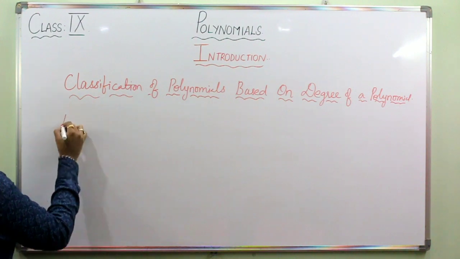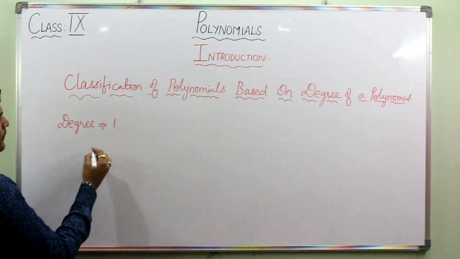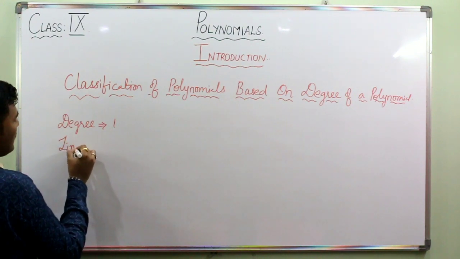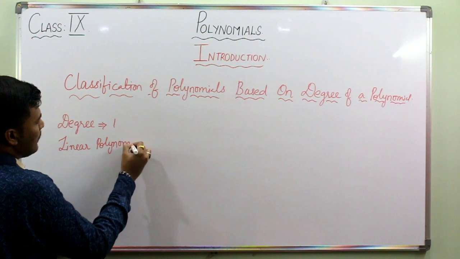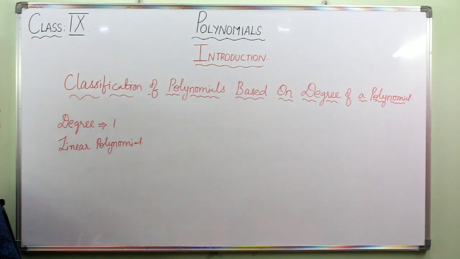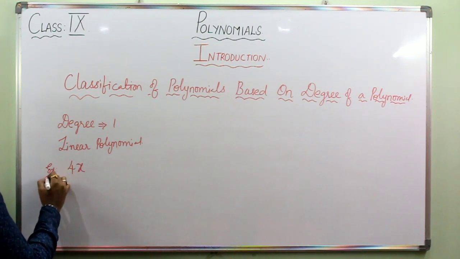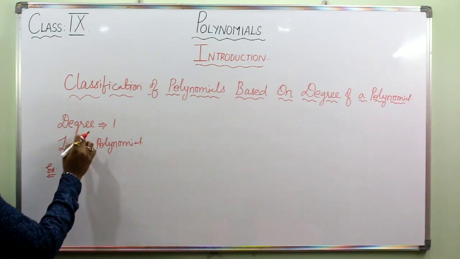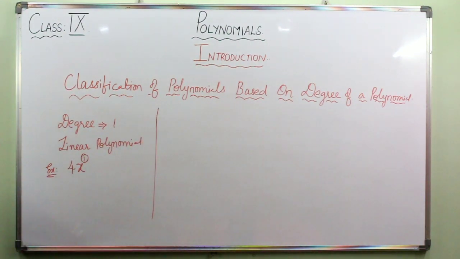If the degree is 1, then it is called a linear polynomial. In a linear polynomial the degree is 1, for example 4x. Here the highest power is 1, hence its degree is 1, hence it is called a linear polynomial.